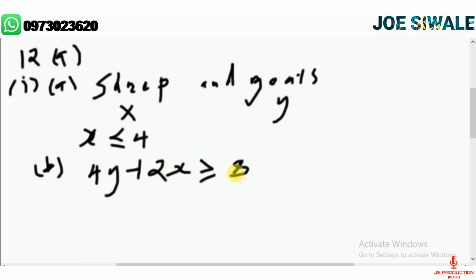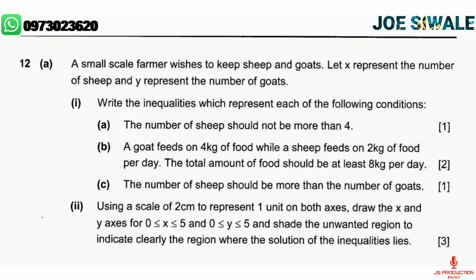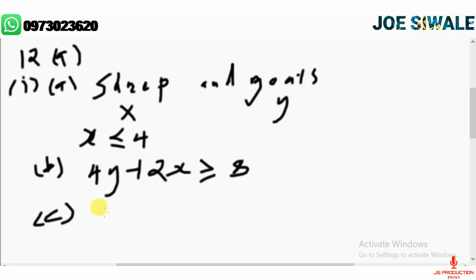Then let us look at the other inequality, which is C. The number of sheep should be more than the number of goats. So that is C. The number of sheep, which is x, should be more than the number of goats.